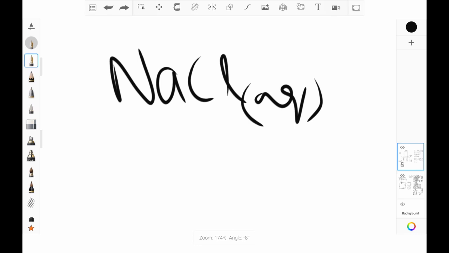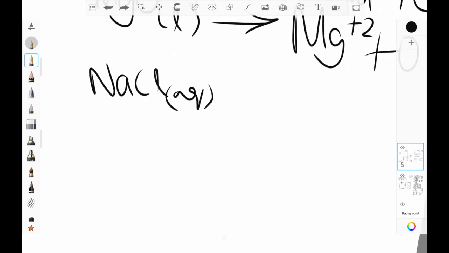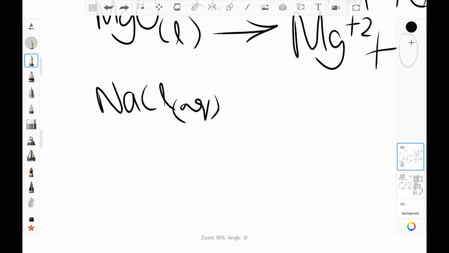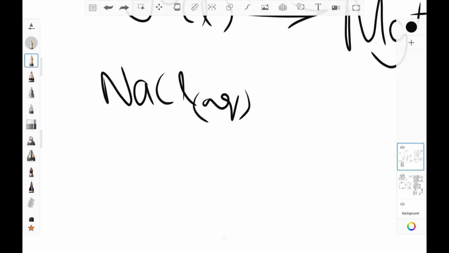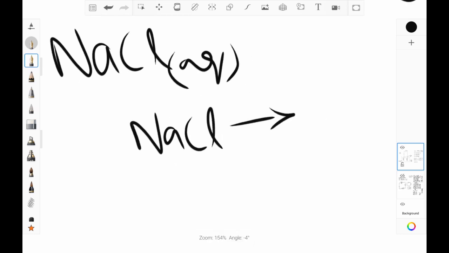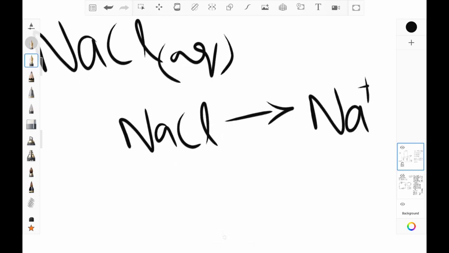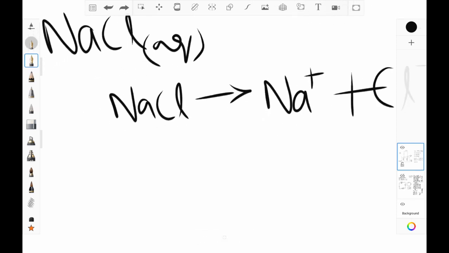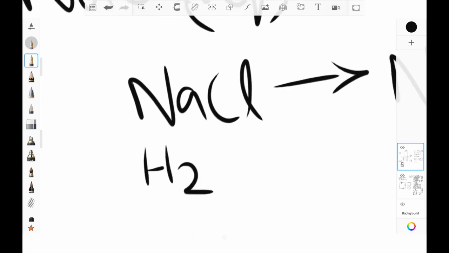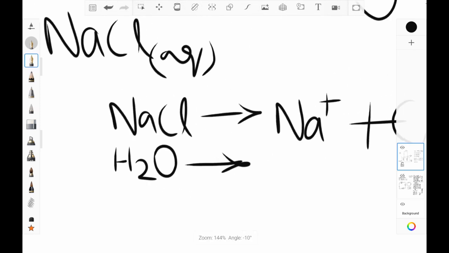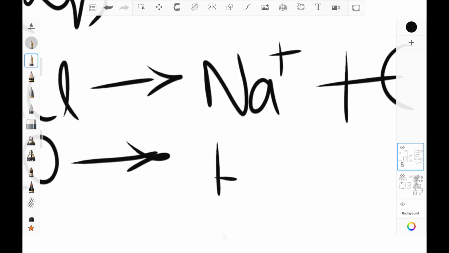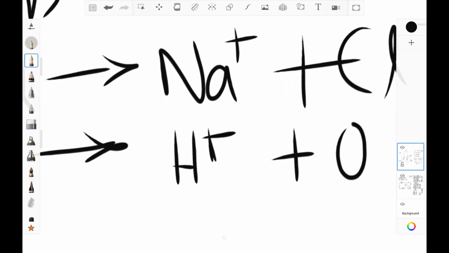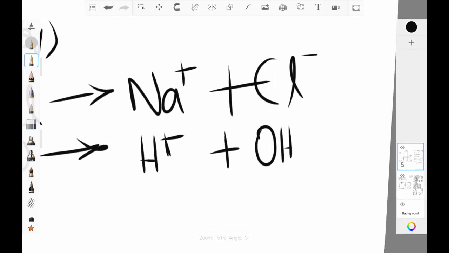What do I mean? Basically, when I ask you to draw the decomposition of aqueous sodium chloride, I expect you to draw this. I should see something like this: sodium ions plus chloride ions. And on top of that, I also expect to see the decomposition of water, which is as follows: a hydrogen ion plus a hydroxide ion.